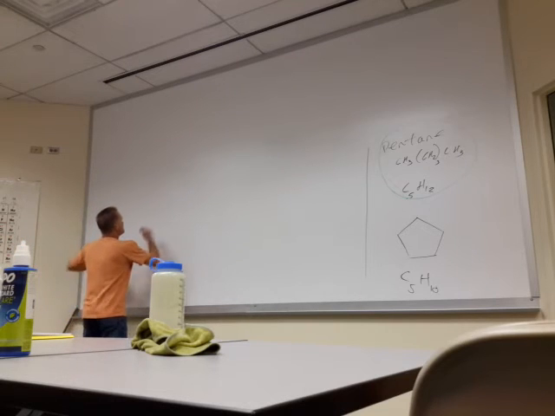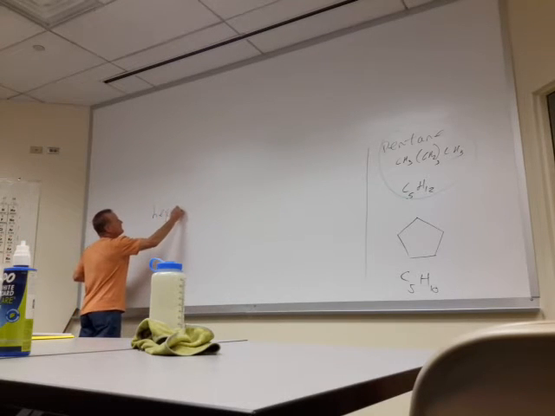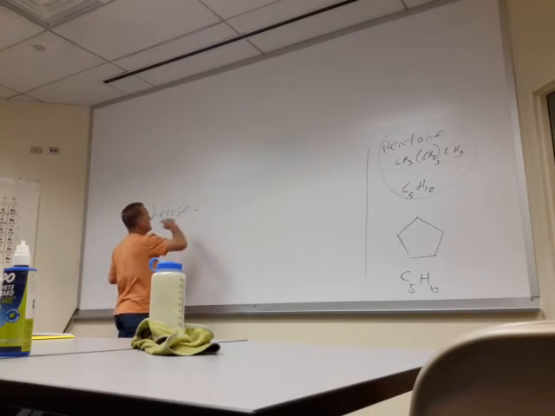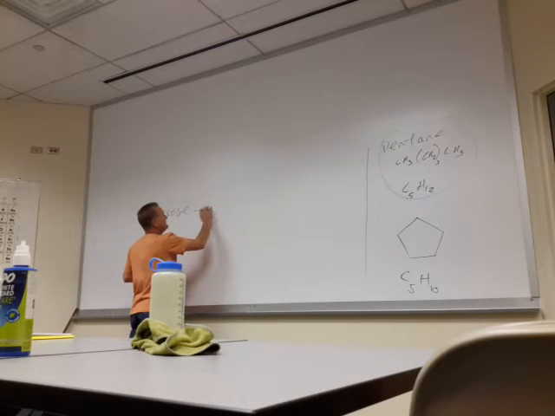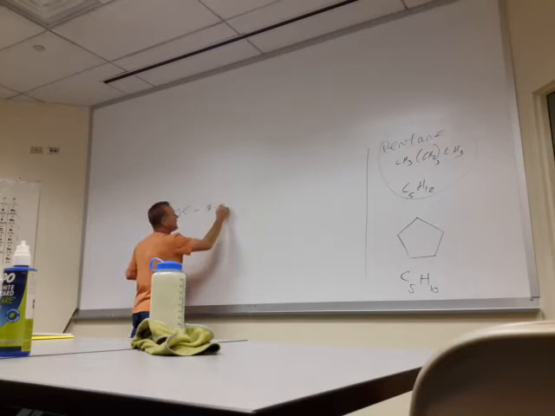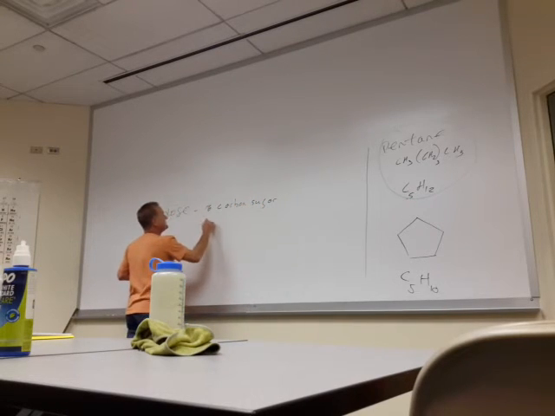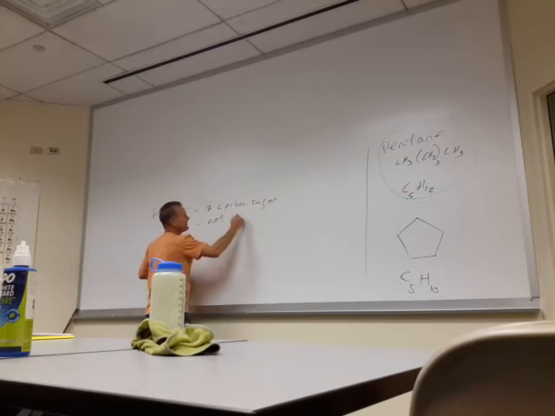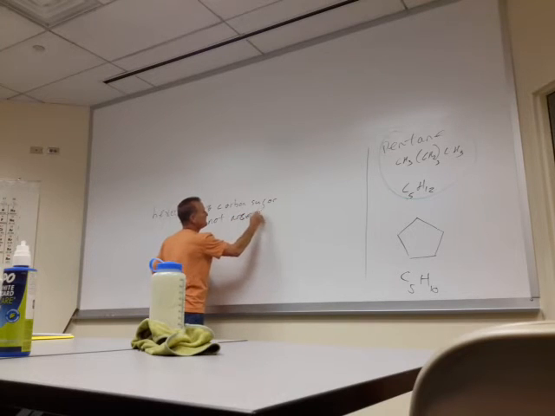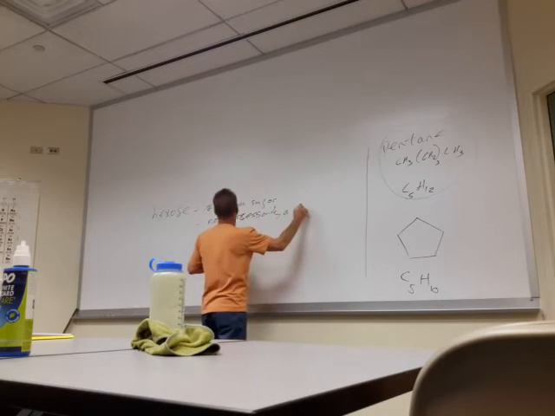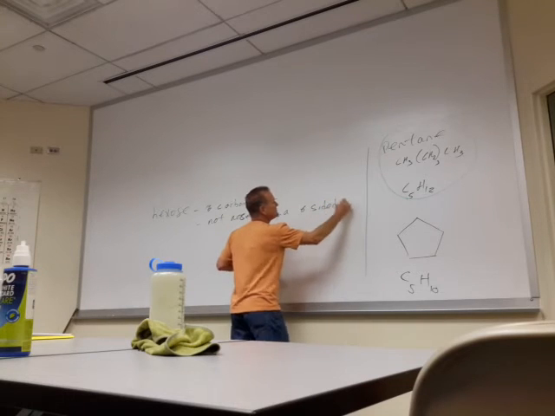In this whole business, you've already written this down as well, but a hexose is a 6-carbon sugar. It is not necessarily a 6-sided sugar.